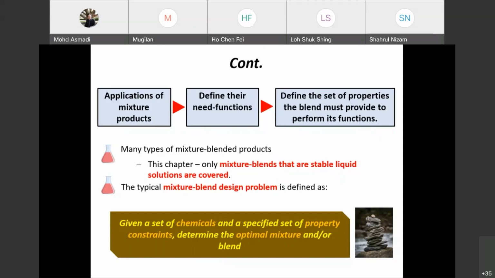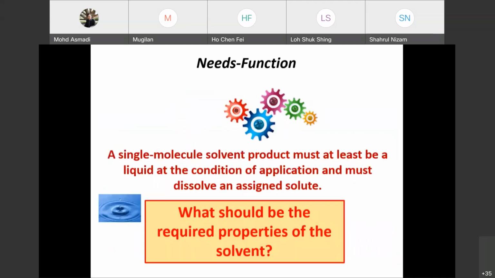So if you look at here, one of the important issues related to molecular and mixture design is related to the need function. A single molecule solvent product must at least be a liquid at the condition of the application and must dissolve a assigned solute.